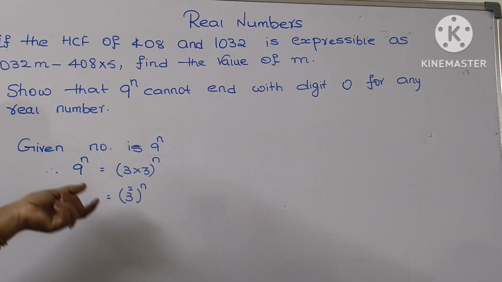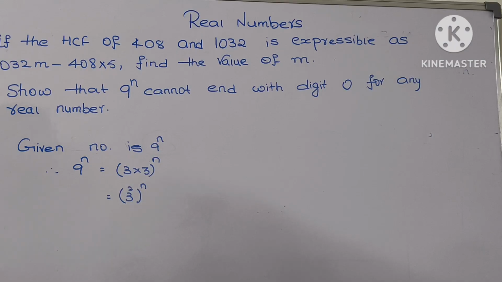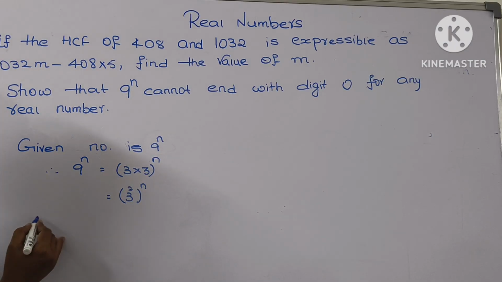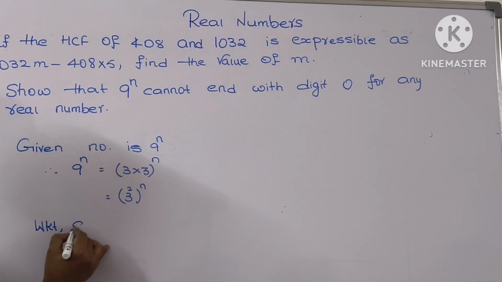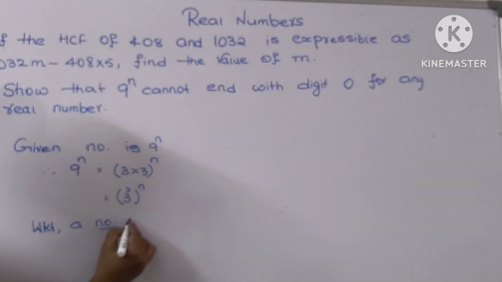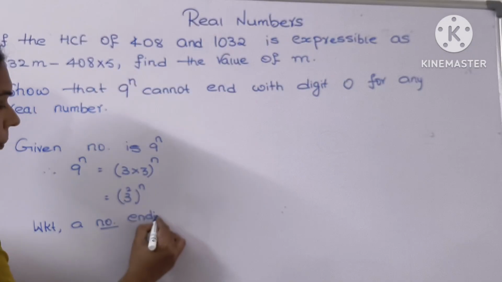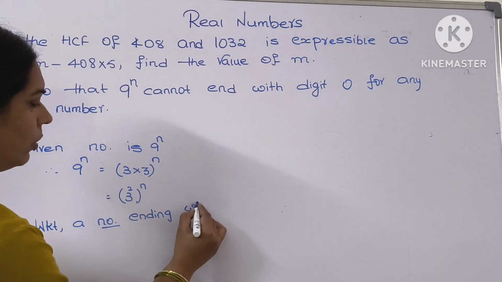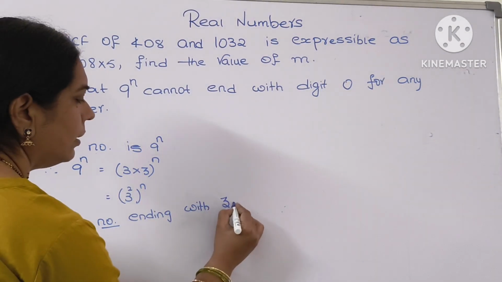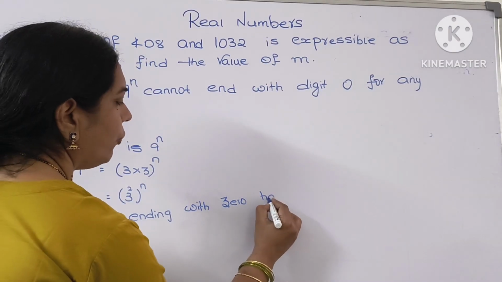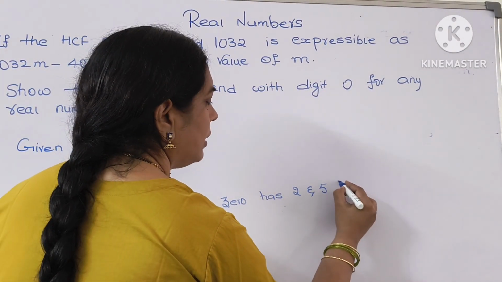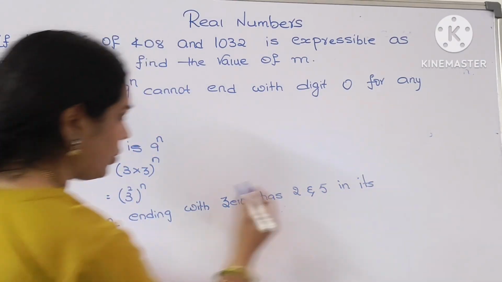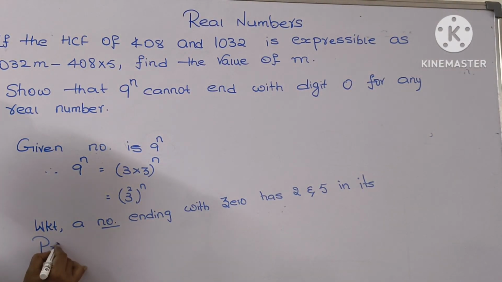So, how do we write this? Obviously, we know 9 power n cannot end with 0, but how do we write it? We write: we know that a number ending with 0 has 2 and 5 in its prime factorization.